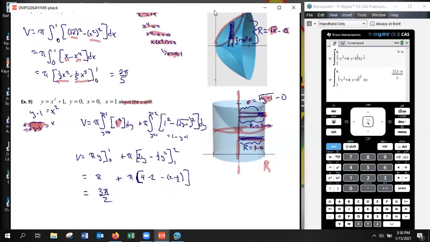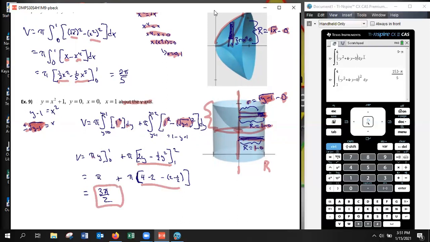So this is the positive square root. So the inner radius is going to be that square root graph minus 0. So pi capital R squared minus a little r squared for this upper region. You can see the math that I did there. And then add those two regions together to get 3 pi over 2.